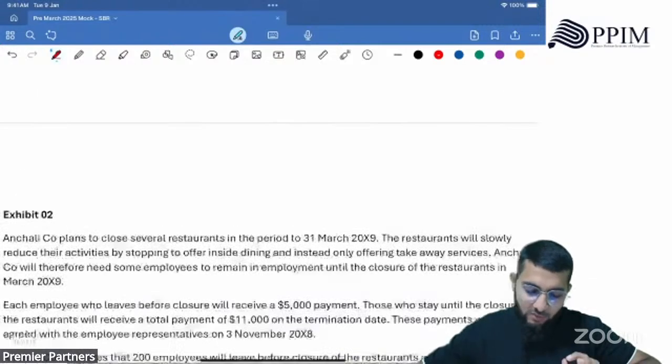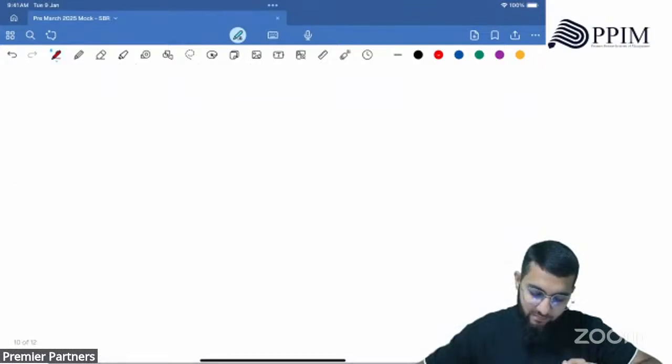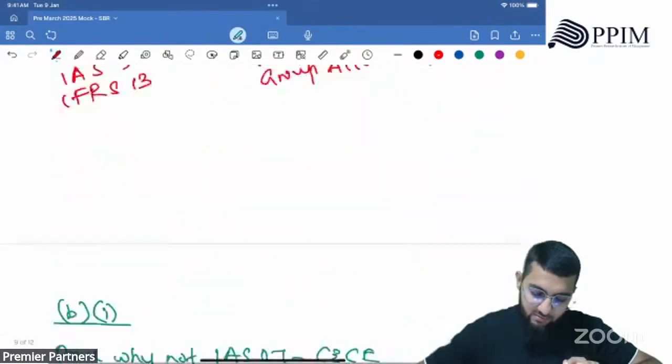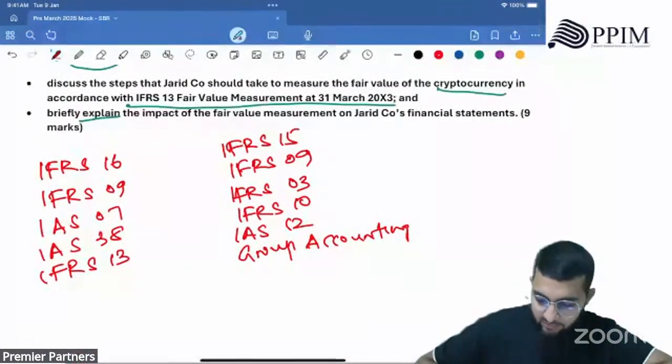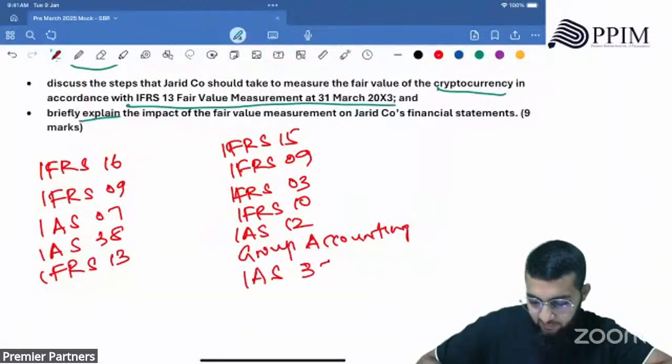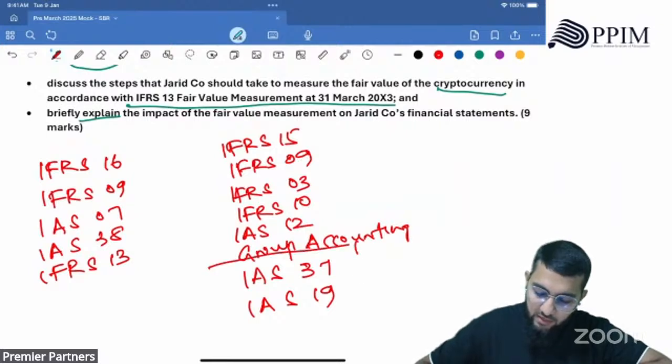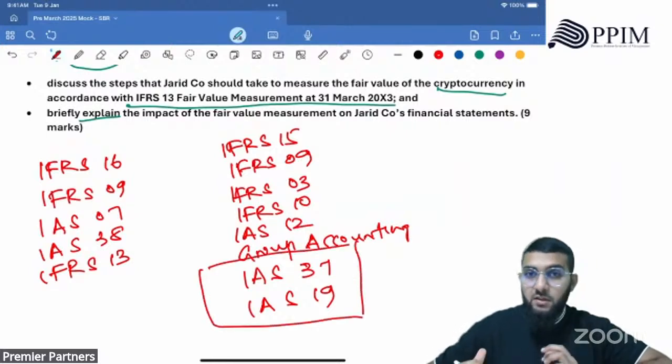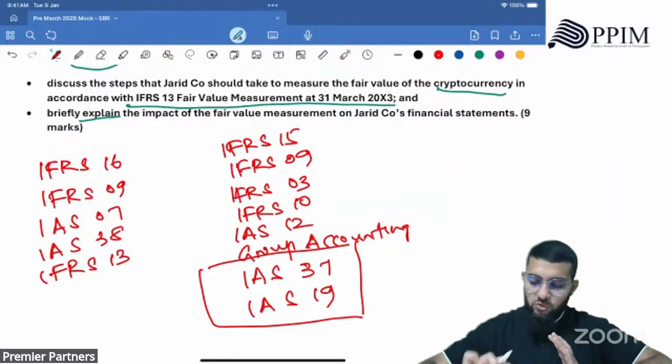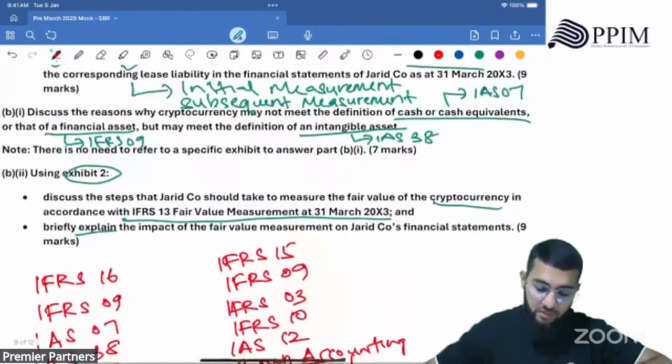Employee who leaves, so employee benefit is also there. IAS 37. IAS 19. So even in case we're not able to cover this question today, you have the standard that you can refer to and make yourself comfortable and familiar with.